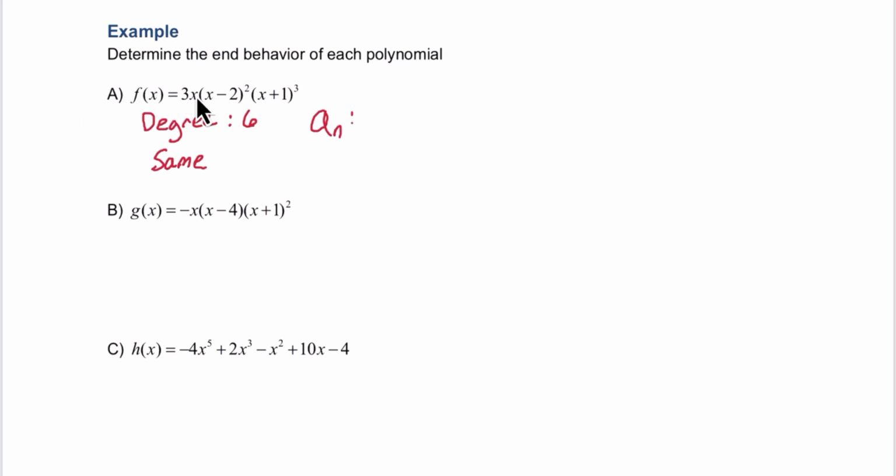Again, if we distributed this all the way out, the leading coefficient would be 3, which is a positive number, which then tells us both ends point up. Think of it as up and up.